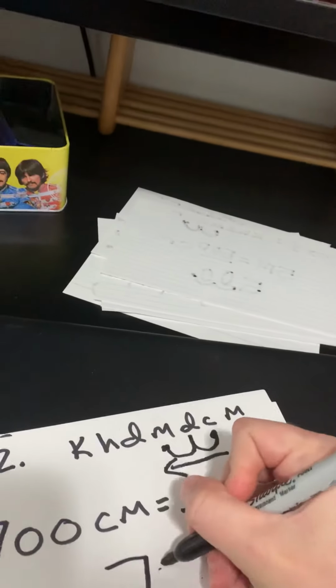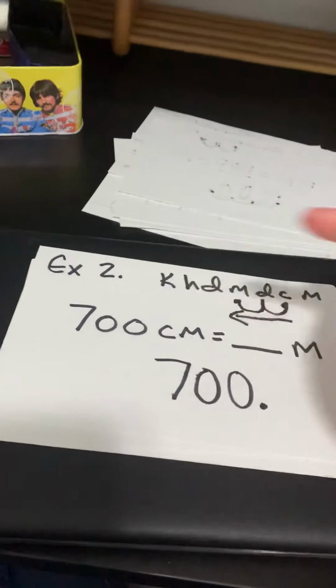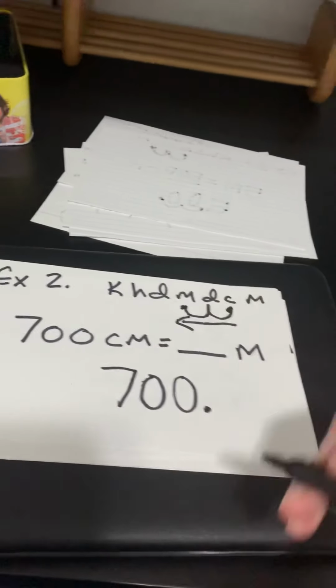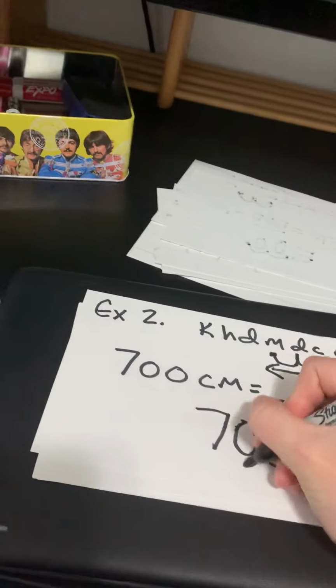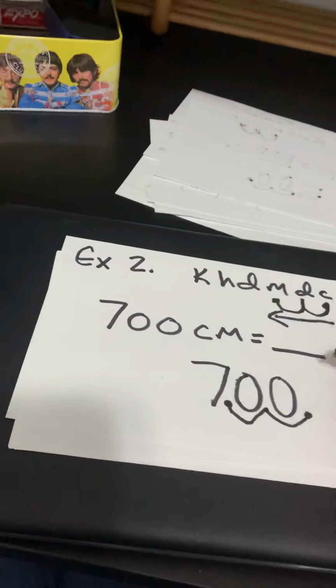So I'm going to do the same thing on the 700. Remember, the decimal is always at the end of the number unless it's already in the number. I'm going to move 2 places to the left. 1 and 2. And so the answer is 7.